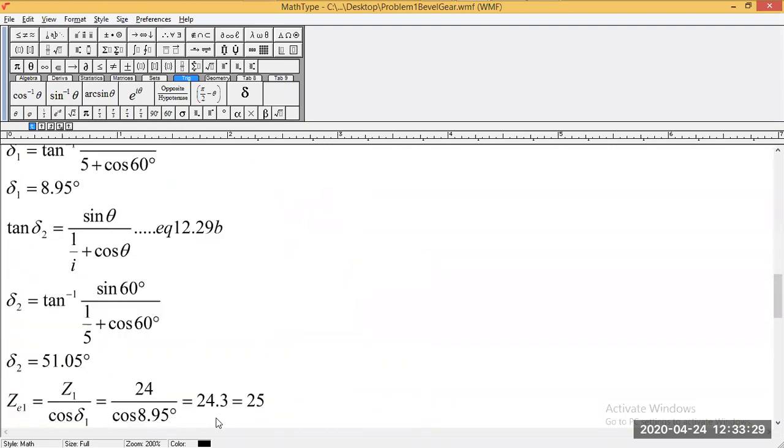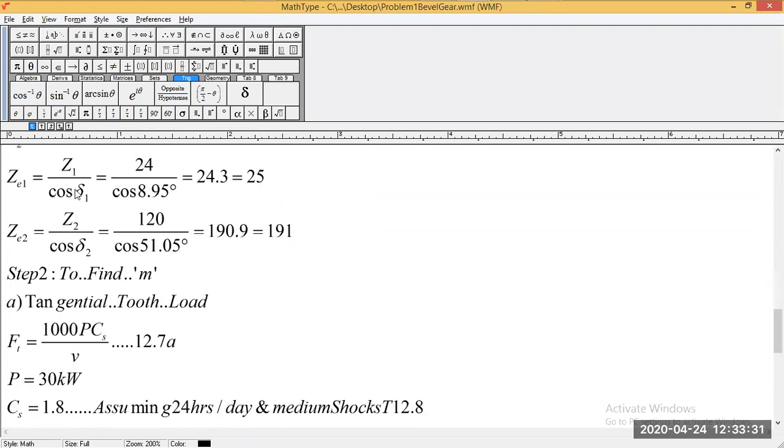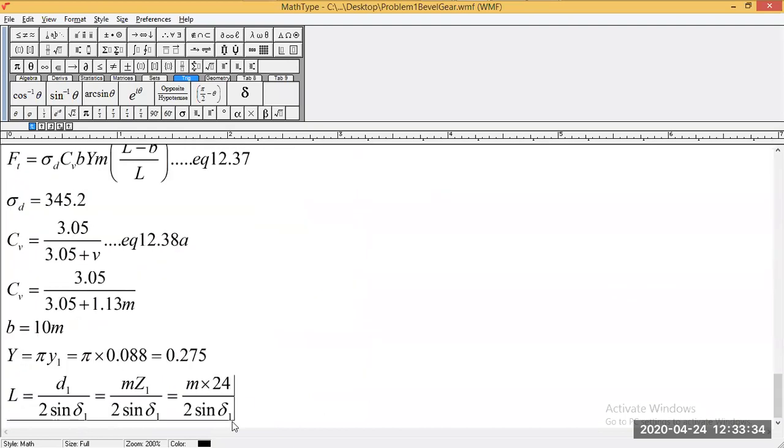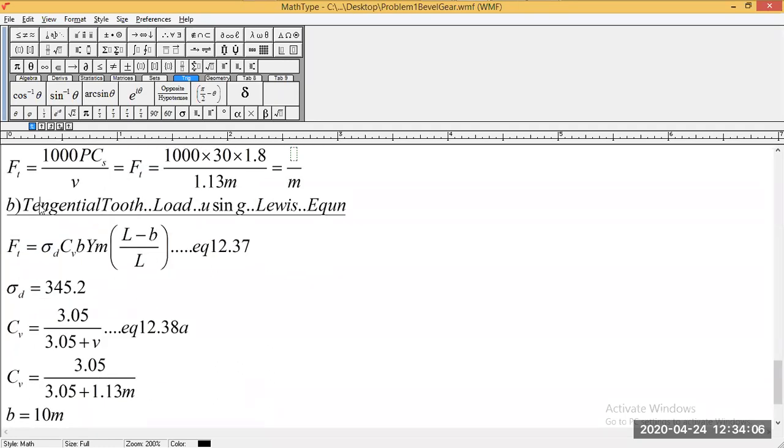Delta 1 is 8.95. So this comes to 24 over 2 sine 8.95, which is 77.13 m. Now we have all the values required for our tangential tooth load.